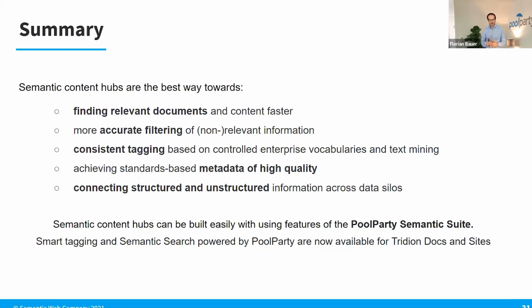So to summarize, semantic content hubs can already be built easily using features of the PoolParty Semantic Suite. And the great thing is that we have now seen with the integration in Treaty and Docs and Cite that this is already available, called smart tagging and semantic search, also on the AWS products, Treaty and Docs and Cites.